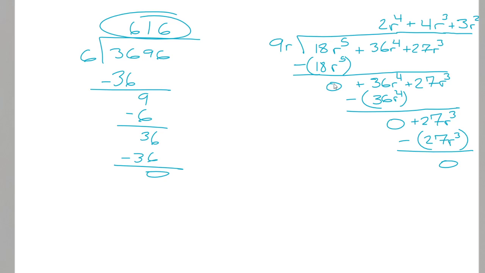You will see more of the remainder when it comes to the binomial, and I'll do that in the next video, but I wanted to keep this kind of short. Hopefully this helps, but just practice with the monomial one, and in fact I'll give you another one just to practice. So I want you to try to answer it on your own, pause it, and then unpause to see if you get it.